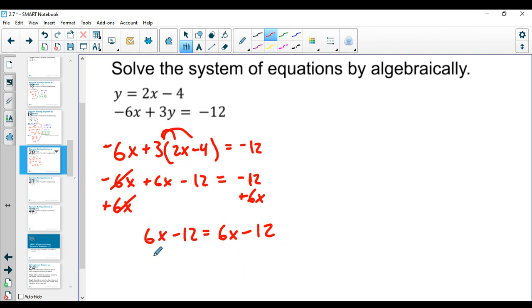If these two are the exact same, no matter what I plug in for x, it's going to be true. So I can plug in anything for x, and then whatever I happen to get out for y is going to be the same thing in both cases. So graphically, remember, graphing was when the point where they crossed was the answer. Graphically, this would mean that they were the same line. And so that's what that one is.